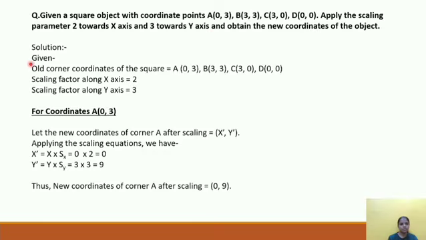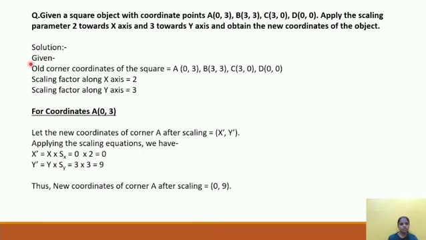Solution. Given all the coordinates A (0, 3), B (3, 3), C (3, 0) and D (0, 0). Scaling factor along x-axis is 2. Scaling factor along y-axis is 3. For coordinate A (0, 3), let the new coordinates of corner A after scaling be x' and y'.